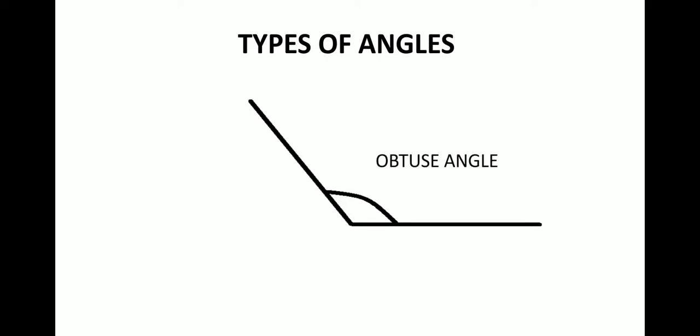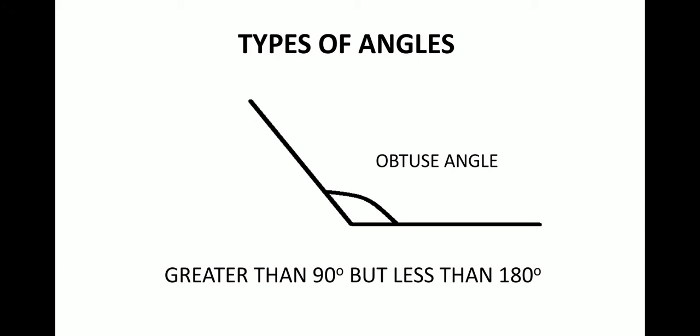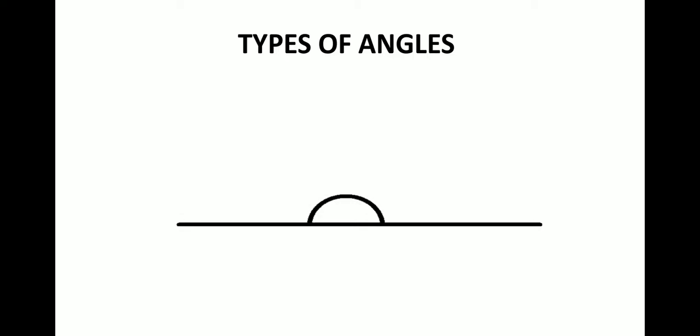So here the angle is greater than 90 degree but less than 180 degree, then it is obtuse angle. If you have a straight line, okay, the angle is made this way, then this angle formed over here is called a straight angle, and the measurement of this kind of angle will be 180 degree.